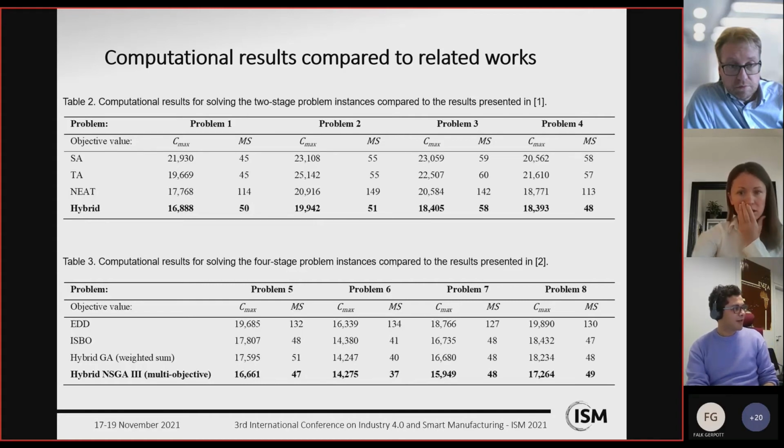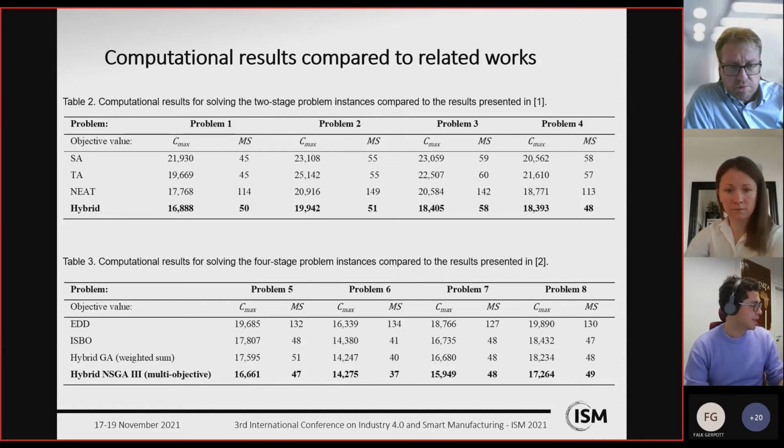We see a very similar performance for problem 2, while actually in problem 2, we dominate all solution techniques. Problem 3 the same, and problem 4 as well the same. However, we do not report really significant outperformance in terms of the max span.